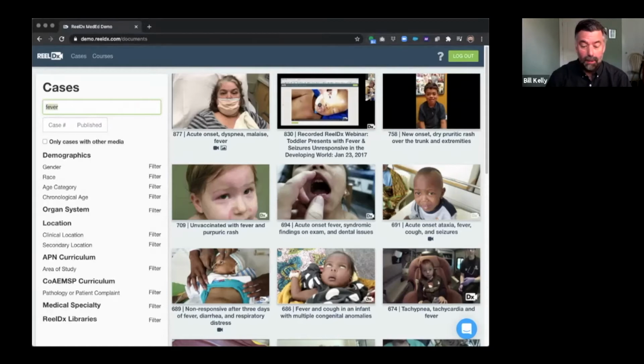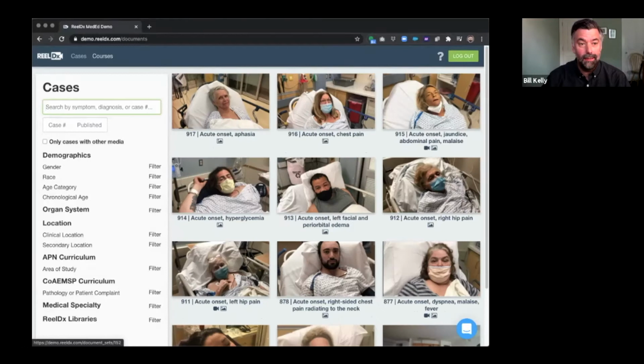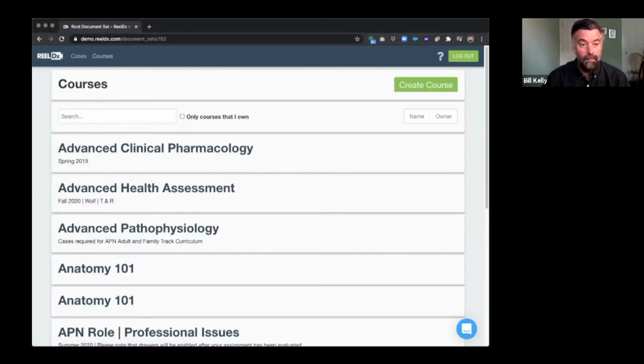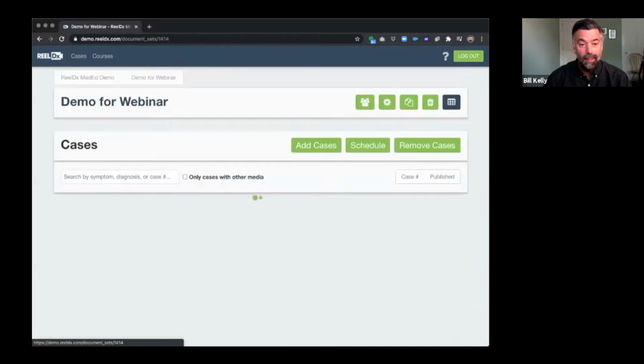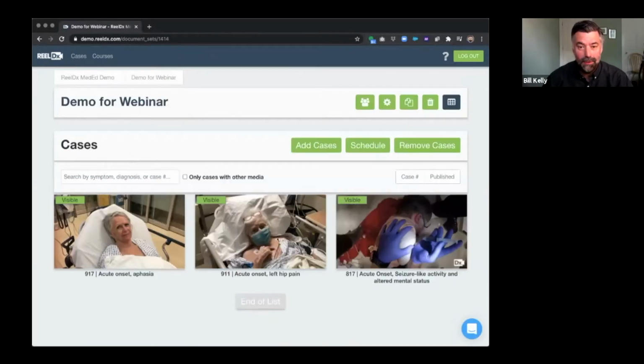As I said, there are nearly 700 cases in the environment, and you can also organize them into courses that you assign to students and allow students to independently access these cases. You can control the sequencing of the cases, when they're visible and when they disappear.